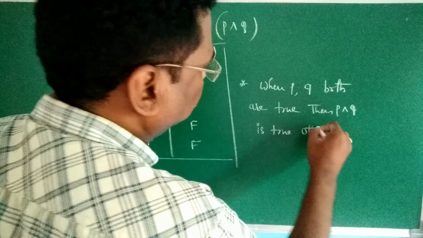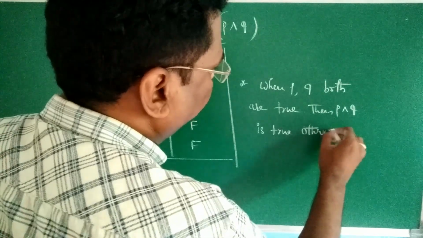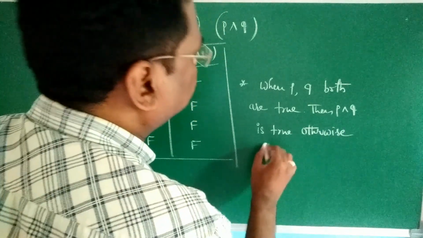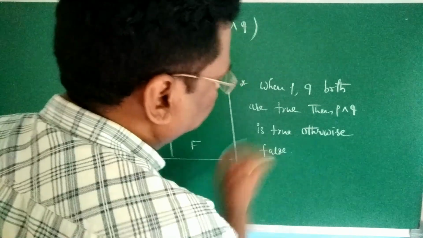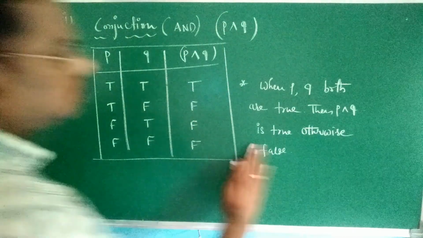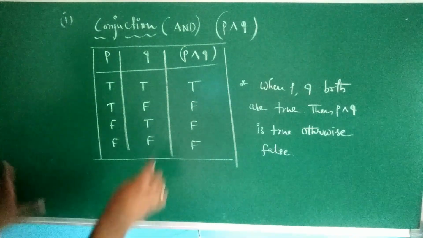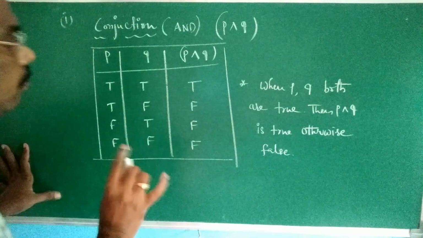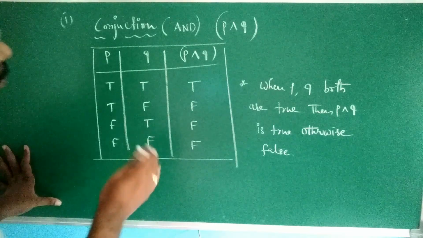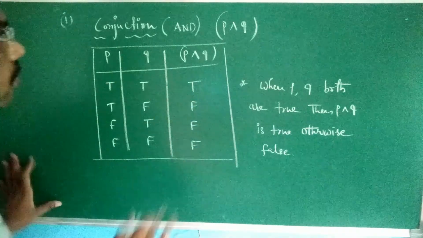Otherwise, it is false. P and Q both are true gives true; otherwise the remaining are false.